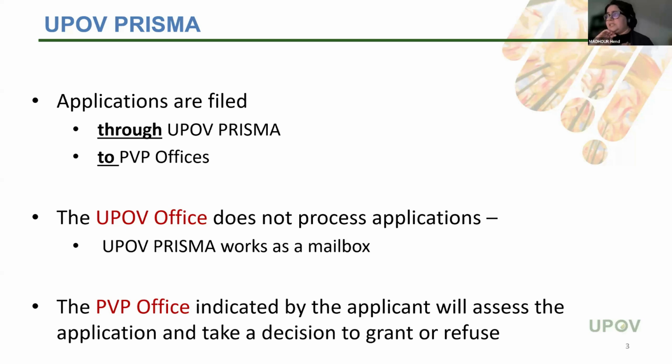The UPOV office is not a receiving office and does not process the application. UPOV PRISMA will work as a mailbox. The data is transferred from PRISMA to the PVP office, and after that, the PVP office will assess the application and take a decision to grant or refuse.